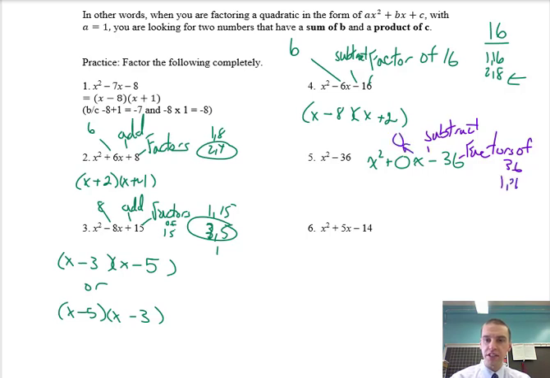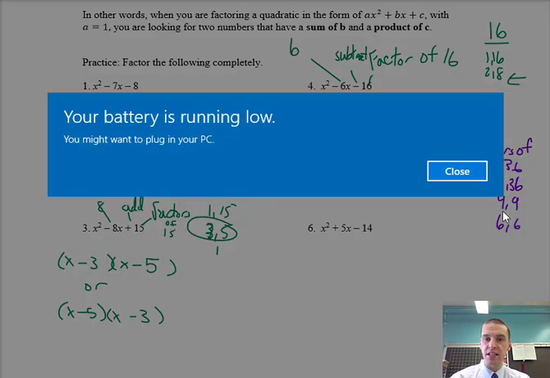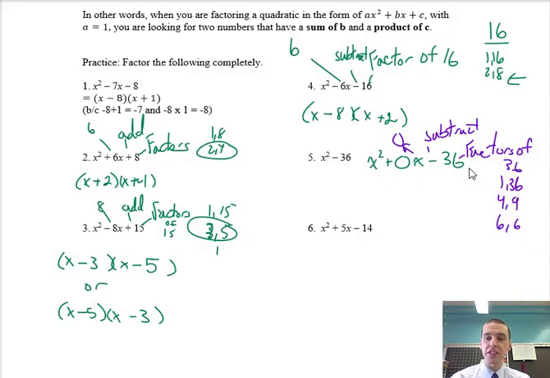Well, factors of 36: 1 and 36, 4 and 9, 6 and 6. Which one of these subtract to 0? The 6 and 6. So I'm going to rewrite it as 6 and 6 subtract to 0, so positive 6, minus 6.